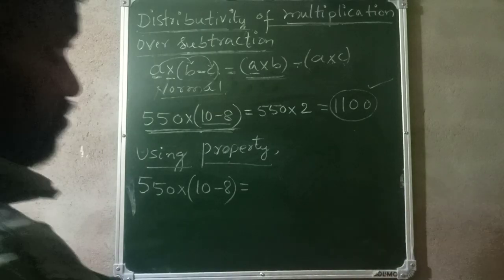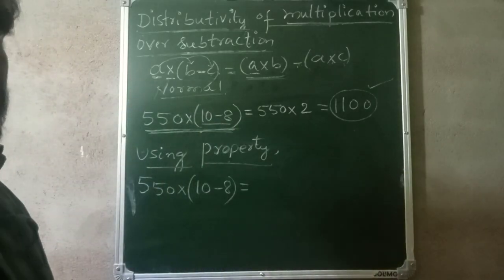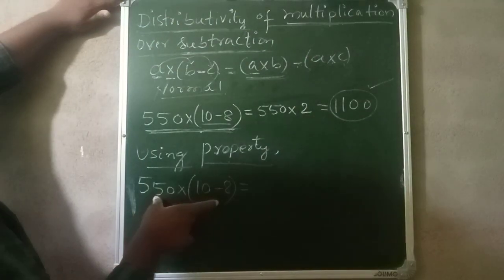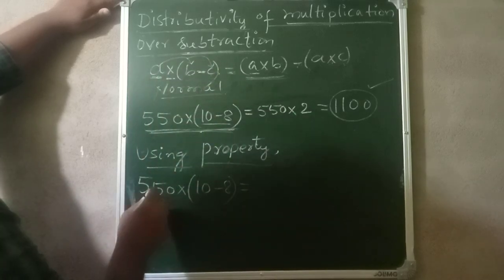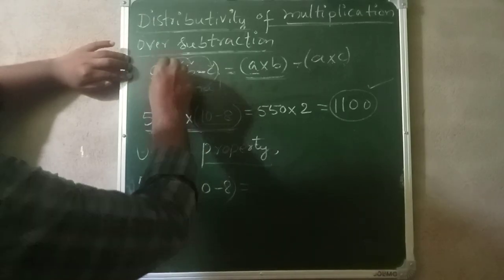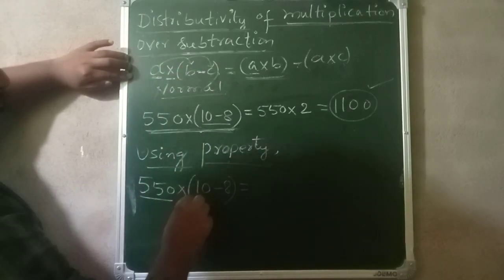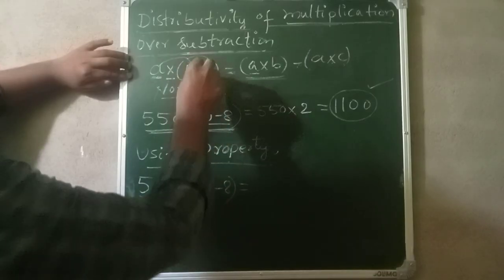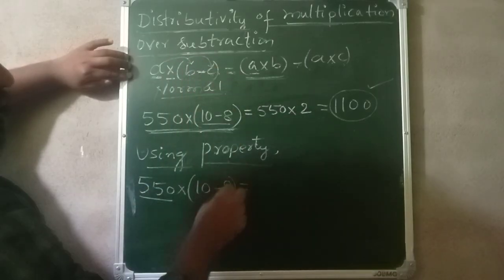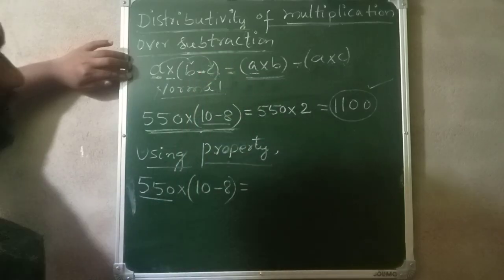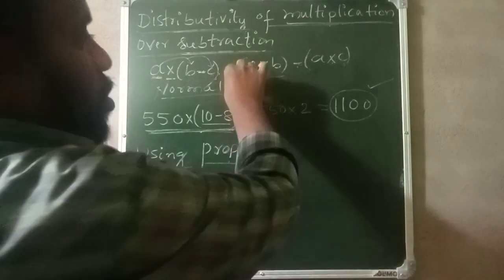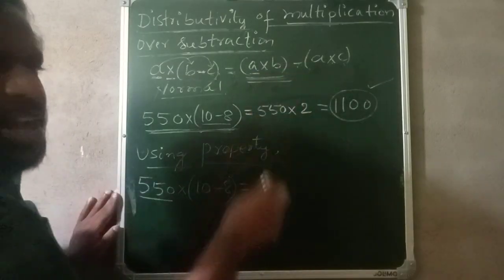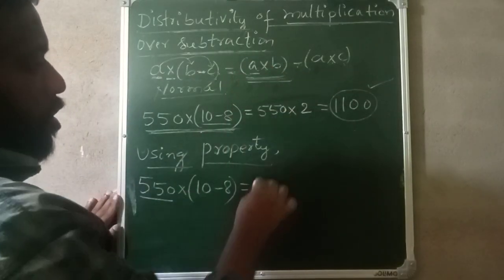Now you can see this is in the form of this. In place of A we have 550 into the bracket, in place of B 10, minus, in place of C 8. After the equal sign we have A into B. So write this bracket.